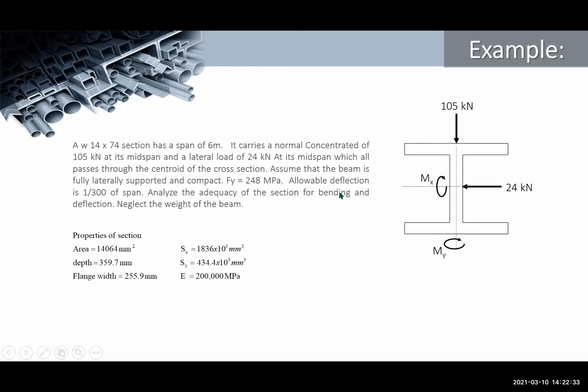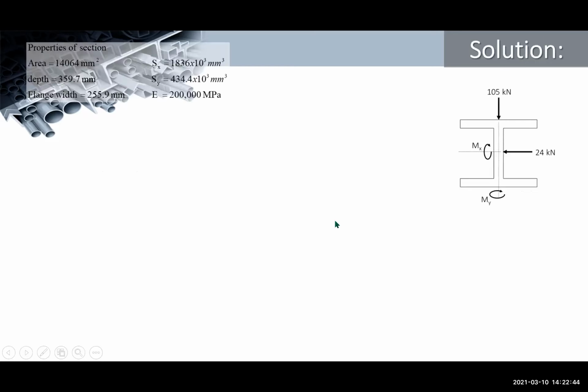So, based on the problem, i-check lang natin siya based on bending and deflection, so we don't need to check it for shear. And given are the properties of the section. Yan, so ito yung properties. So since bending and deflection siya, we need first to compute for the actual bending.